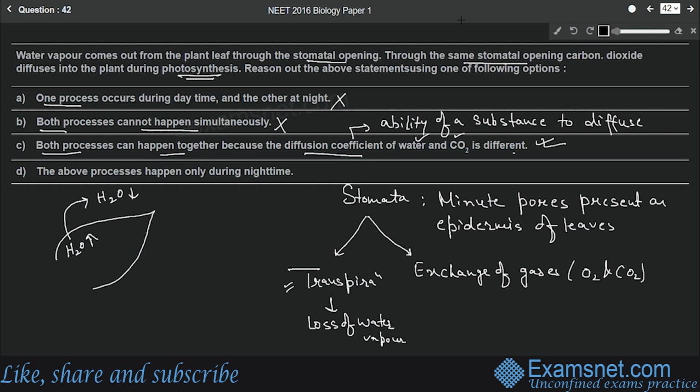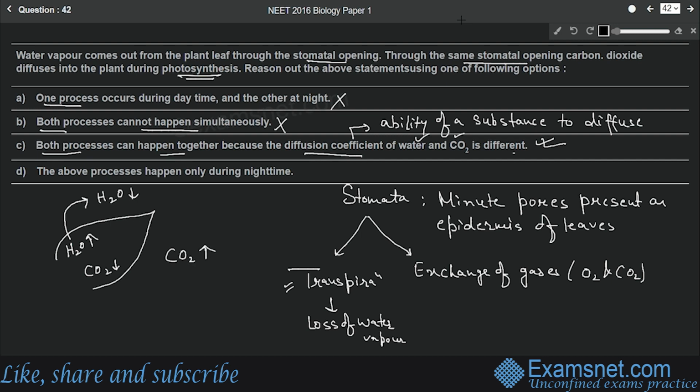And the case is different with carbon dioxide because we know that during photosynthesis carbon dioxide is continuously being utilized for the formation of carbohydrate, right? That means the concentration of carbon dioxide is being reduced inside the plant cell because it is being utilized to make carbohydrate. So carbon dioxide concentration is low inside the plant cell as compared to the concentration outside the plant.